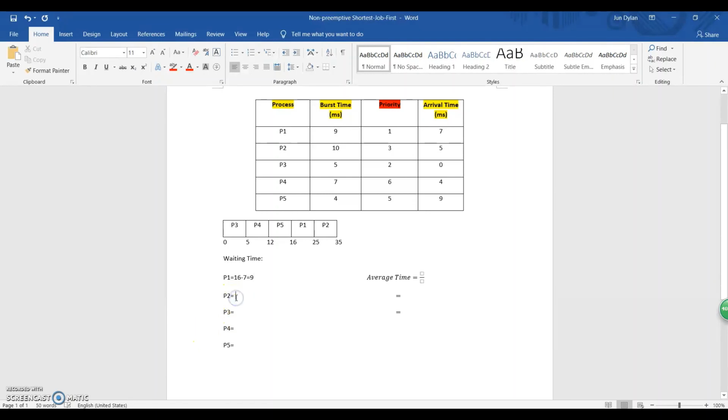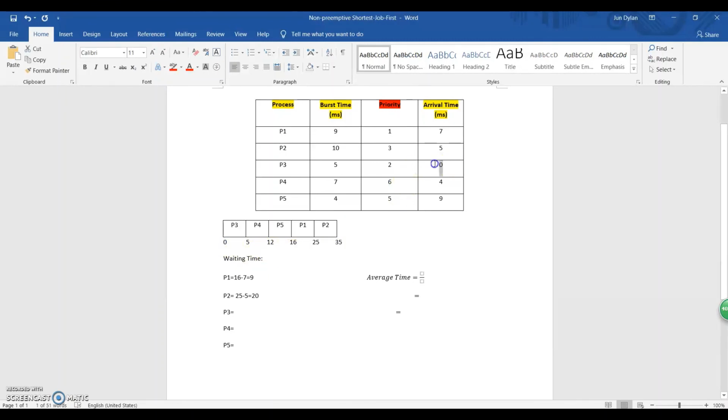For P2, its starting time is 25. Its arrival time is 5. So we take 25 minus 5 equals 20. For P3, its starting point is 0.